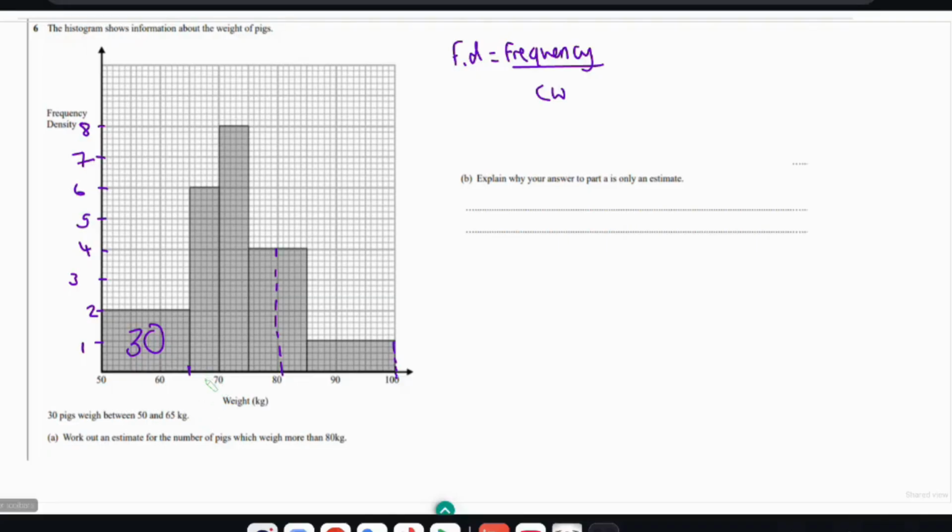So the area of these bars now to get the frequencies. So 5 times 6, base is 5, height is 6. 5 times 6 is 30. 5 times 8 is 40. 5 times 4 is 20.